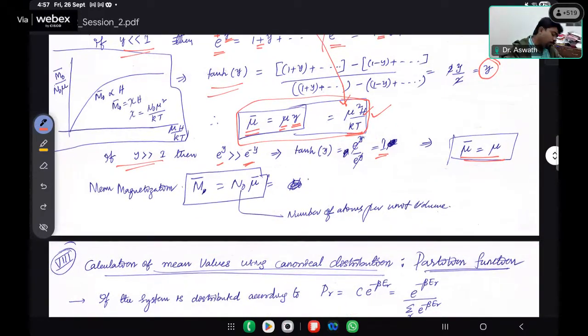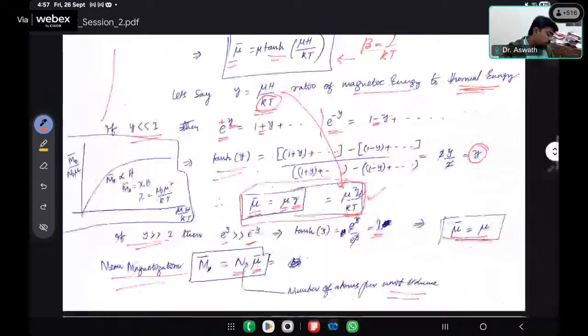For the mean magnetic moment of the entire system, let's say there are n naught atoms per volume. So n naught multiplied by the individual mean value of the internal magnetic moment gives the overall mean magnetization of the entire system. You can plot M versus the ratio of magnetic energy to thermal energy, that is y. It is an increasing quantity and stabilizes later.